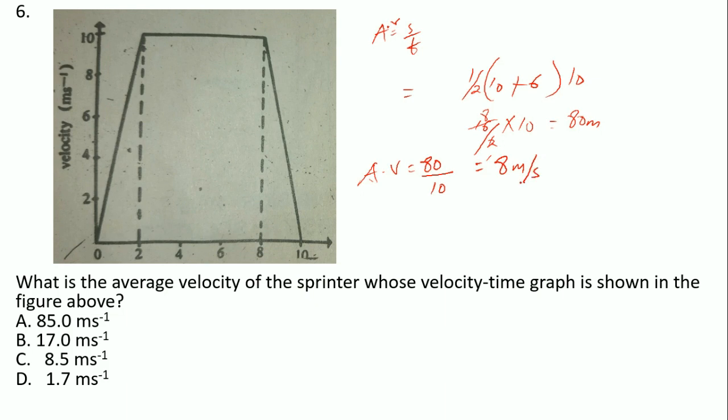And if I look through the options, there's no 8 meters per second. So what I would do one more time is to go through this again: 1/2 bracket 10 plus 6 times 10, yes, everything is pretty much all right.